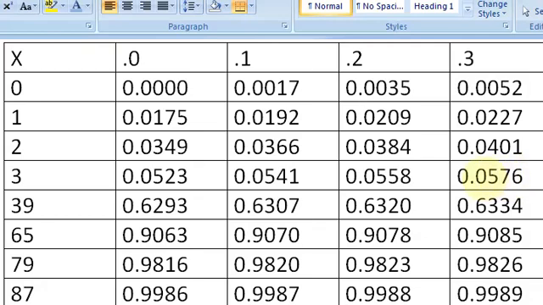Once that value is detected, the next thing we do is trace it backward, horizontally, till we get a number under x. Having gotten that number, we say the angle is 3. Then 3 under what? It is under 0.3. So our angle here is going to be 3.3 degree.